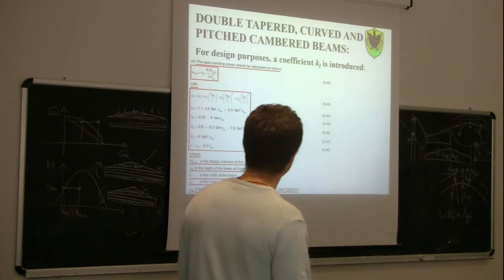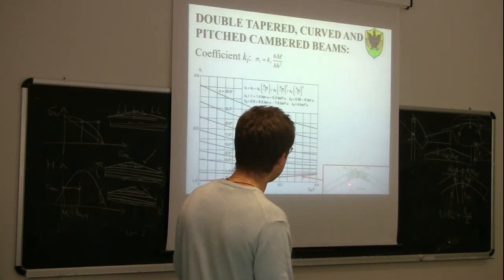For a curved beam, KL is given by this red curve.